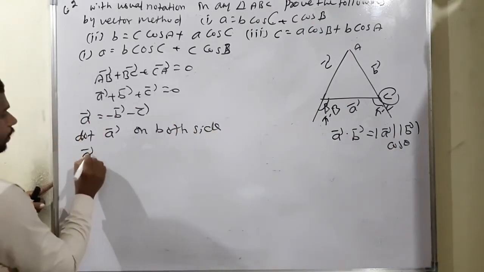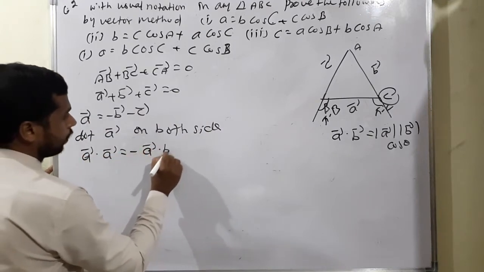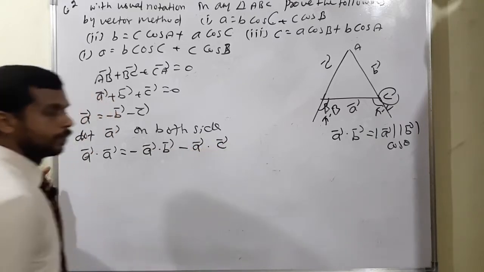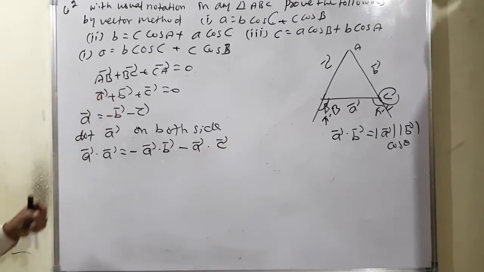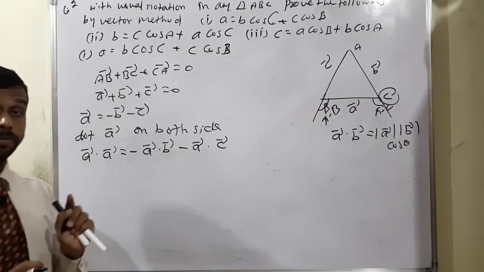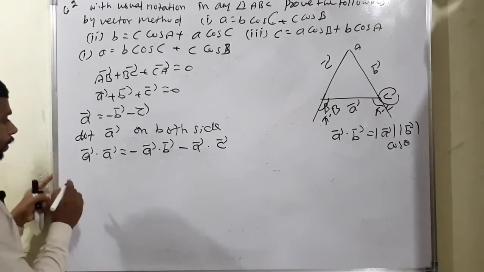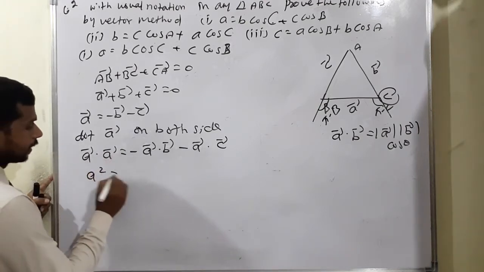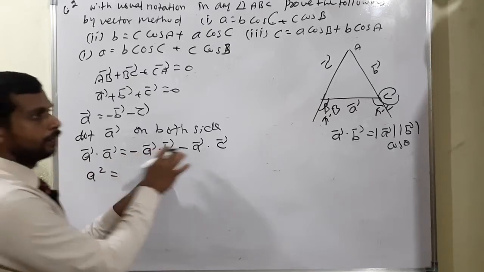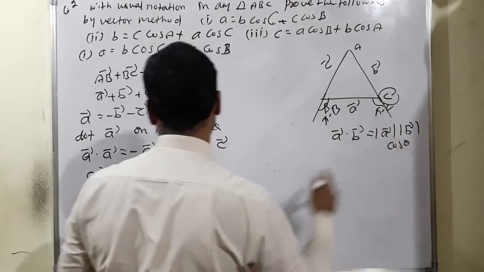So a vector dot a vector is equal to minus a vector dot b vector, again minus a vector dot c vector. Now we already know a vector dot a vector means a square, but a vector cross a vector is 0. So therefore a square is equal to, now this is the formula, a vector dot b vector means modulus of a into modulus of b into cos theta.